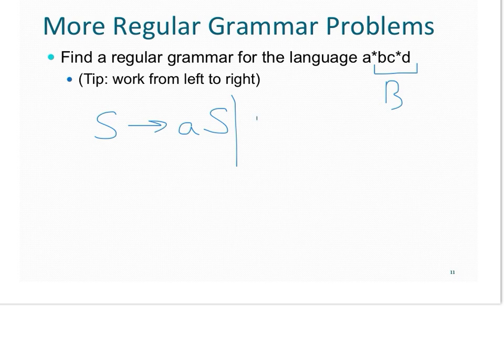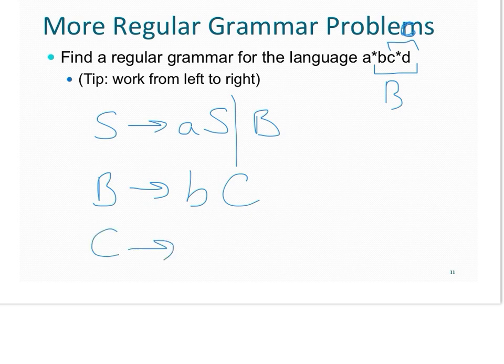And B is going to go to a little b followed by a C, where I'll call C the rest of the stuff. And to do the C part, now I'm just trying to do c star d, so C goes to little c, big C, or we could end with a d, right?